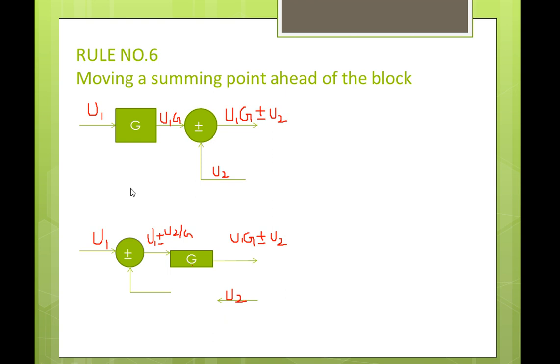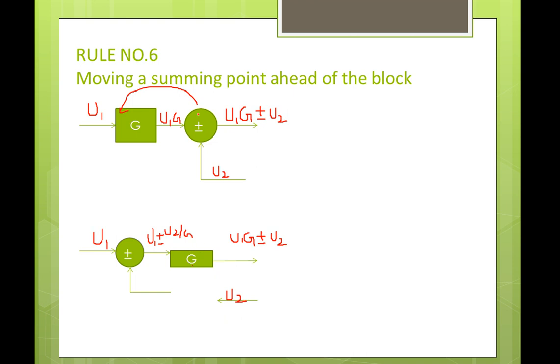Here we are moving this summing point before the block. Whenever you are moving the summing point before the block, I am having u1, and some block which has the gain of g.